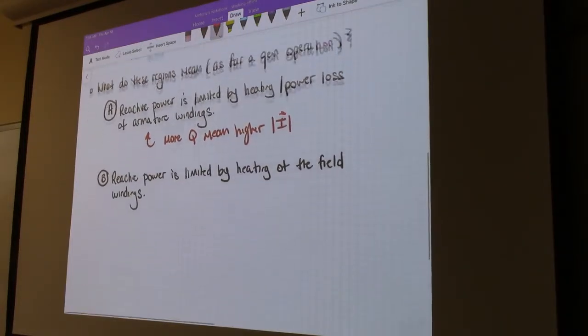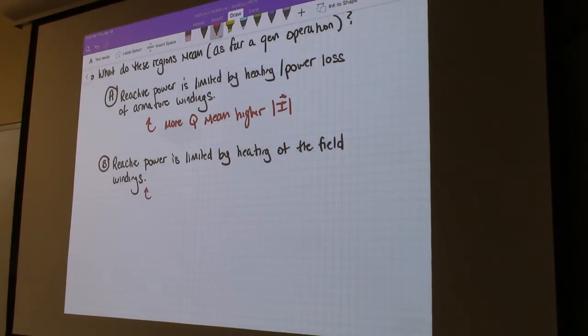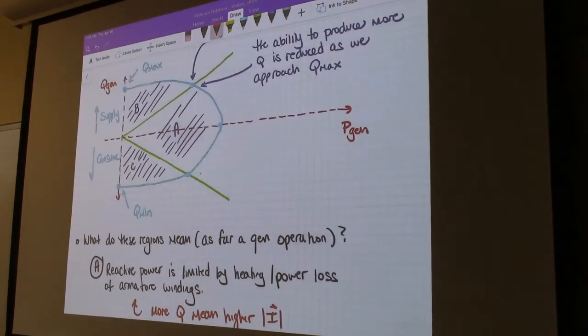And so here we can say that's the other reason why in region B the armature winding is not the problem, because also now we know that the current will be a function of P plus jQ.